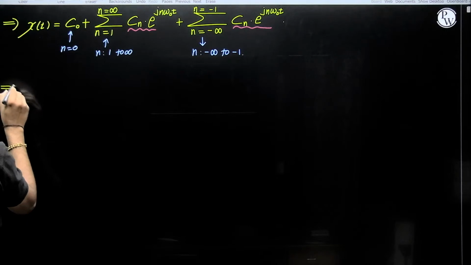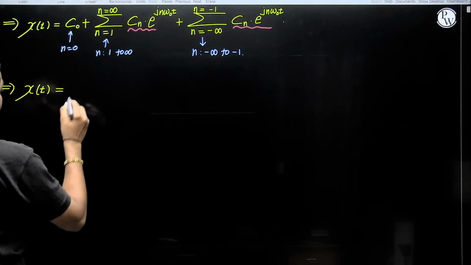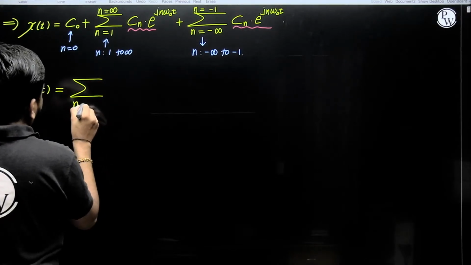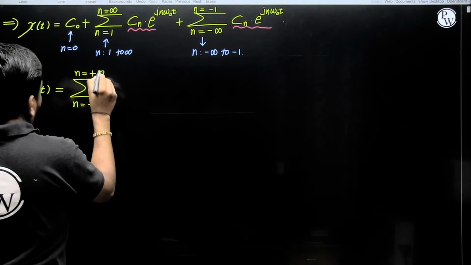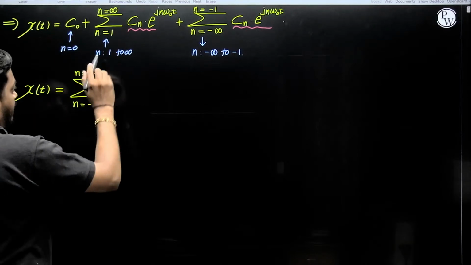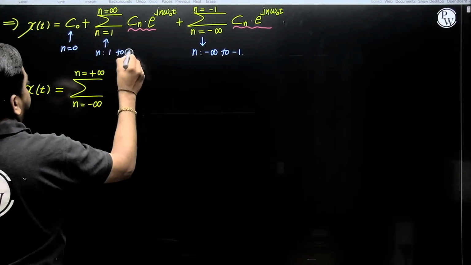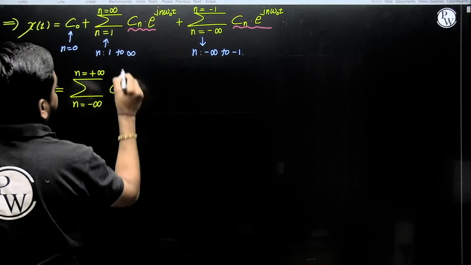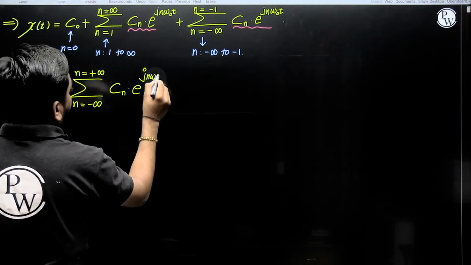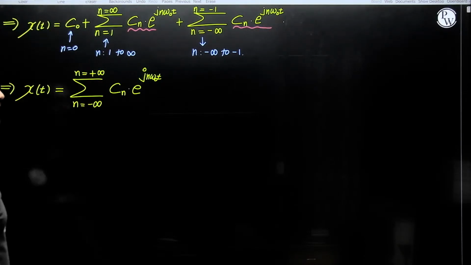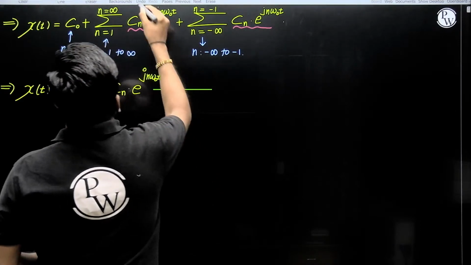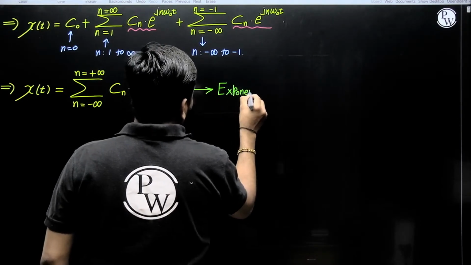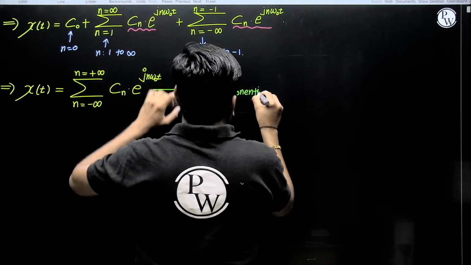So we can write x of t is equal to the summation where n now goes from minus infinity to plus infinity, all the possible integer values: minus infinity to minus 1, n equal to 0, n equal to 1 to infinity, of c n e to the power j n omega 0 t. This is the exponential Fourier series representation of the periodic signal x of t.